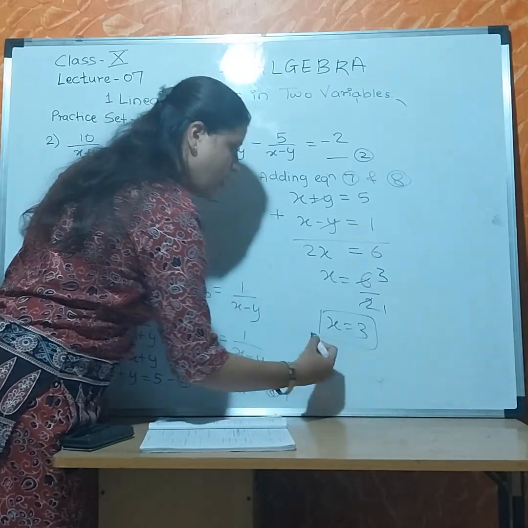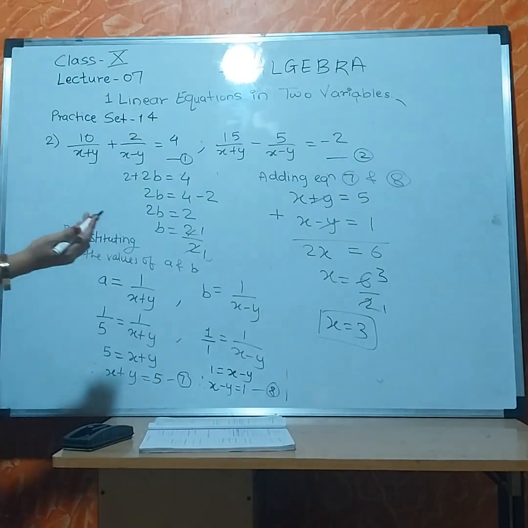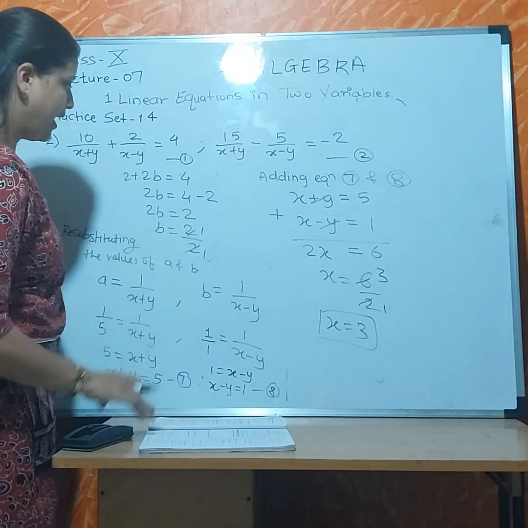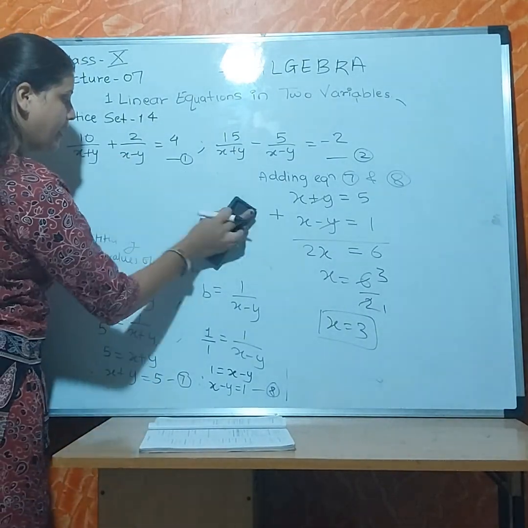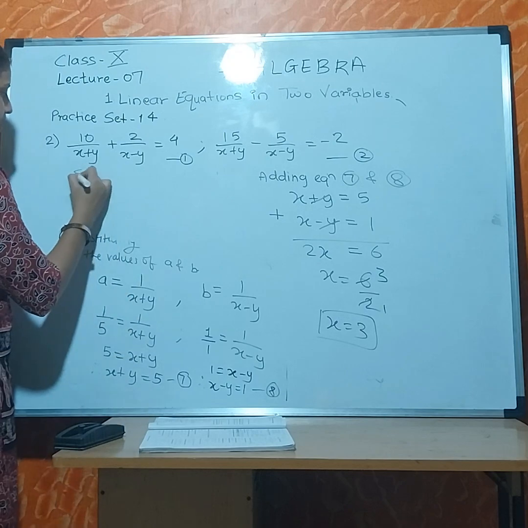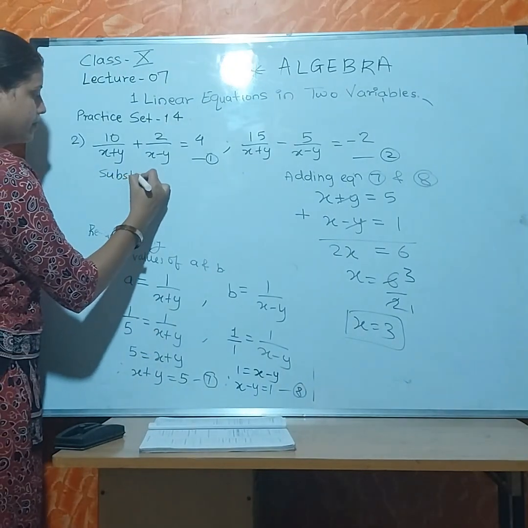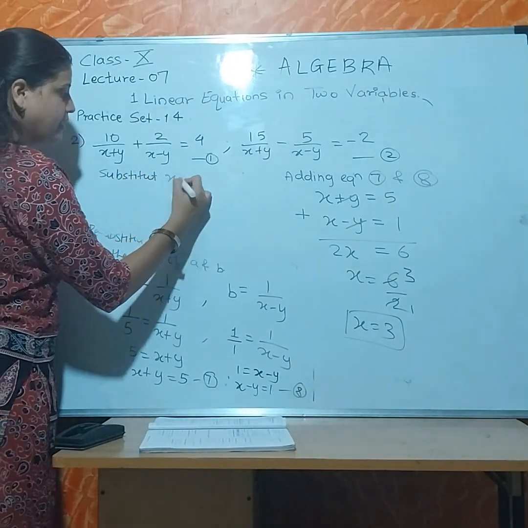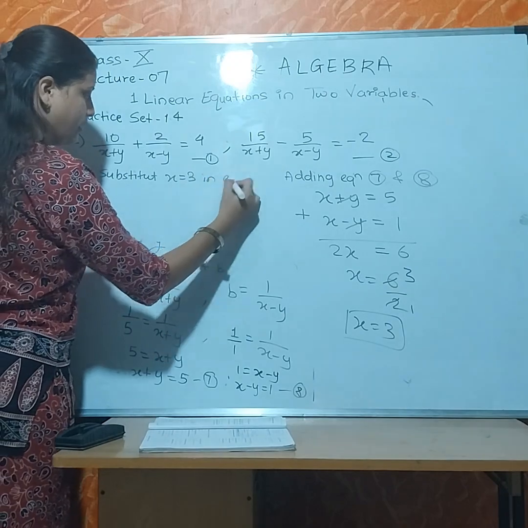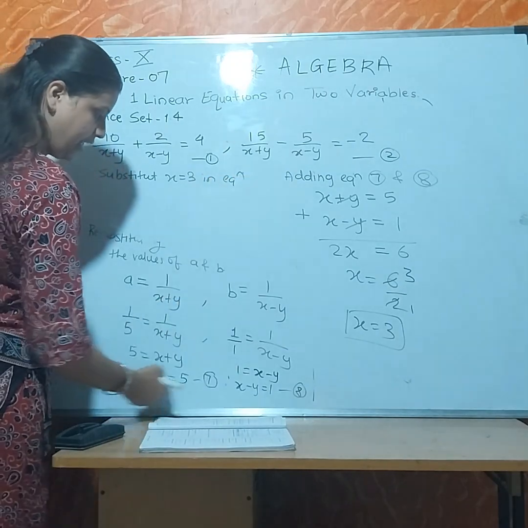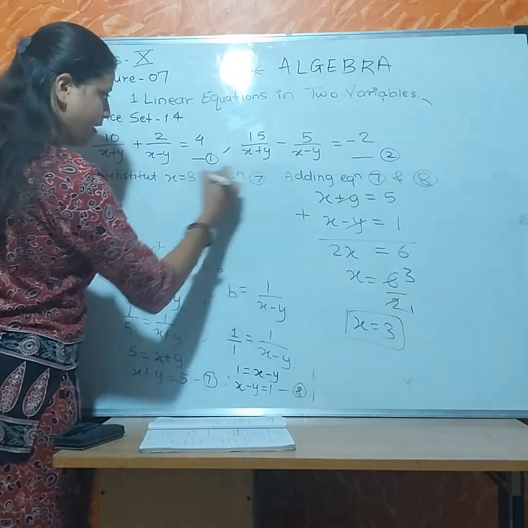We got the value of x. Simply we can find the value of y. How we can find the value of y? Substitute x is equal to 3 in equation. In this any equation we can put the value of x.